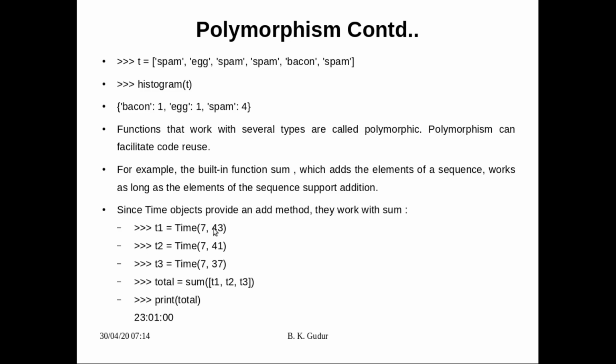Here t1 is some time, t2 is some time, t3 is also some time, so the total time can be sum of t1, t2, t3. Print total, it will print. Look at this here, we have not written any sum function, but we can use the sum function which is already there, and we can apply that on these time objects.